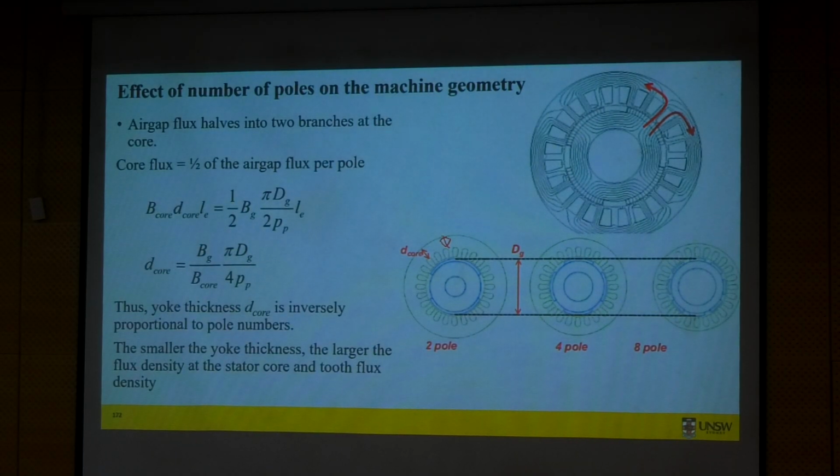From that relation, we can find how the flux density here depends on the pole numbers, and this width is inversely related to the pole pairs, just from this quite simple relation.